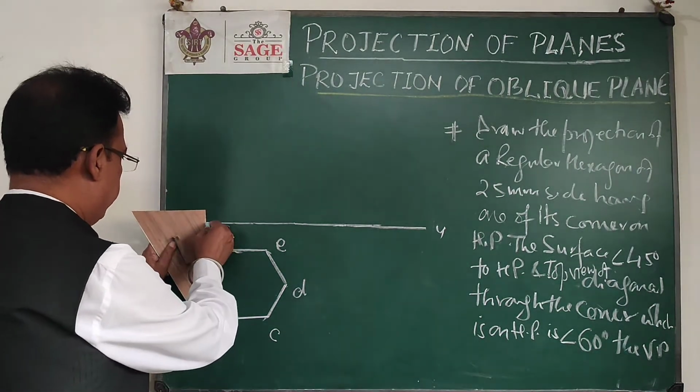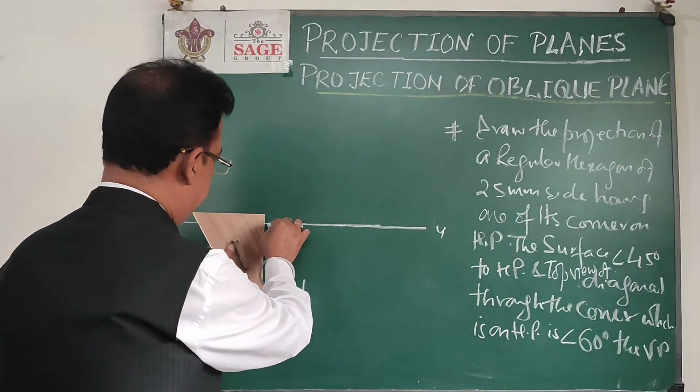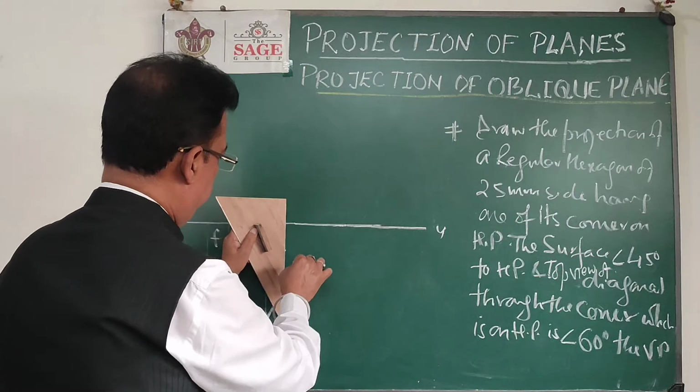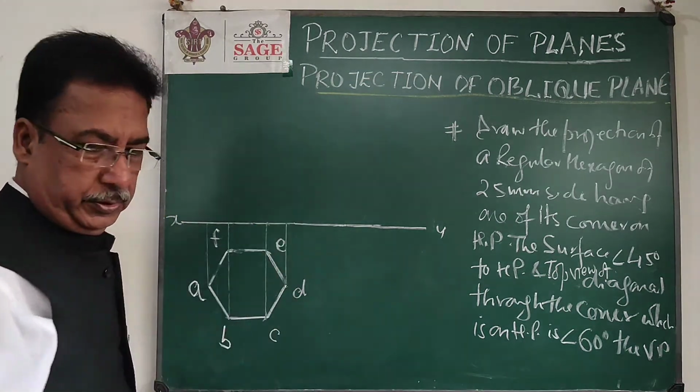So I will draw projectors from the top view like this, and we will get the front view. So this is the front view.